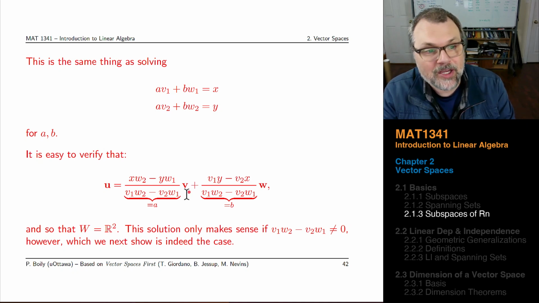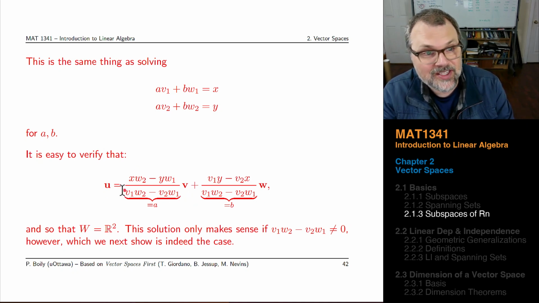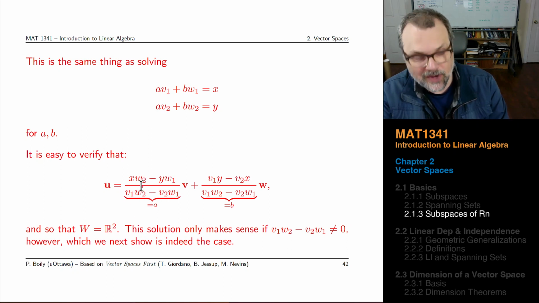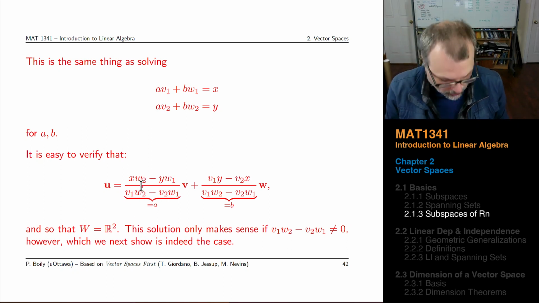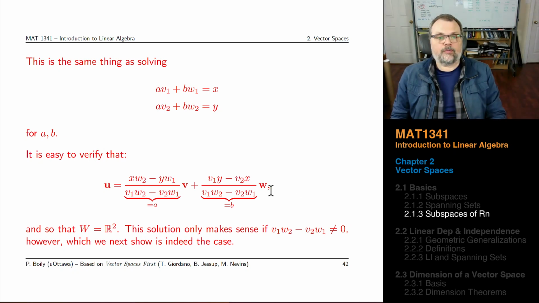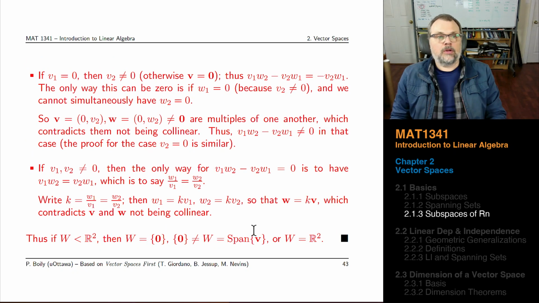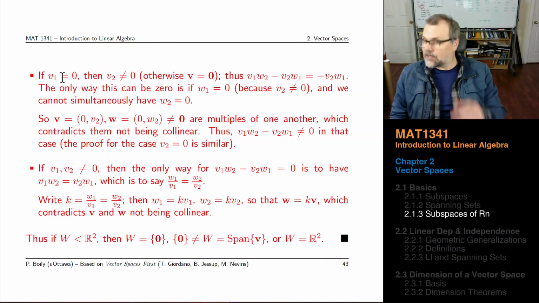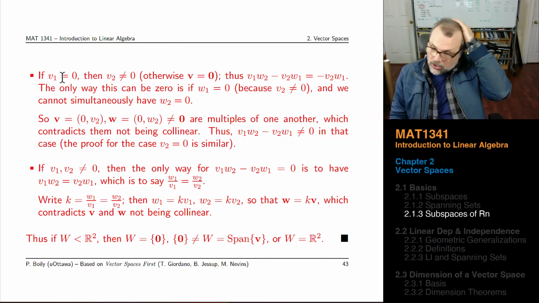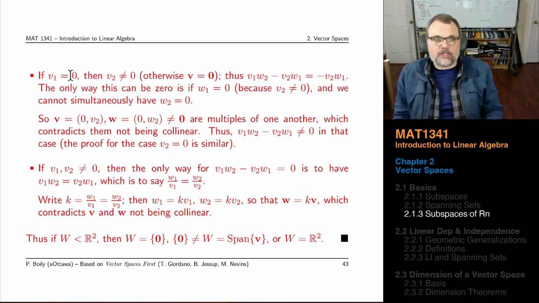So we also have to make sure, before we say we're done here, that this thing here cannot be equal to 0. Otherwise, we're dividing by 0, and our proof is not a true proof. So how can we show that this expression cannot be equal to 0? Well, we have possibilities, right? If V1 is equal to 0, if the first coordinate of the V vector was 0, then the second coordinate could not be equal to 0.